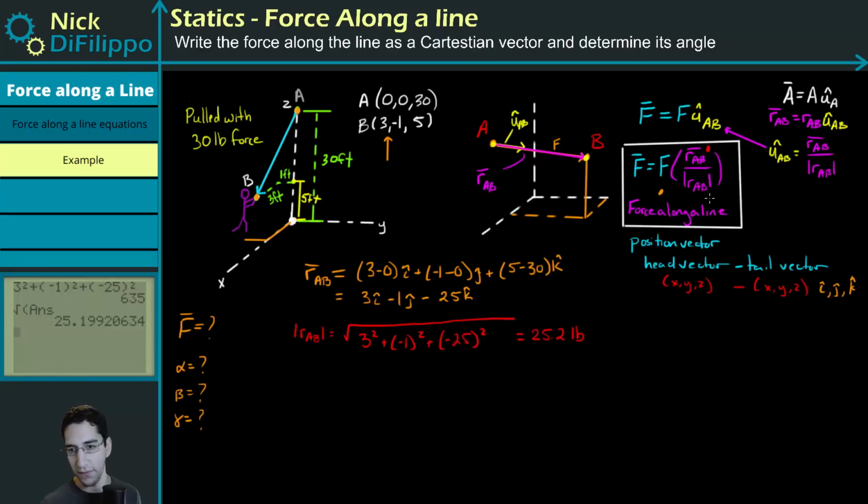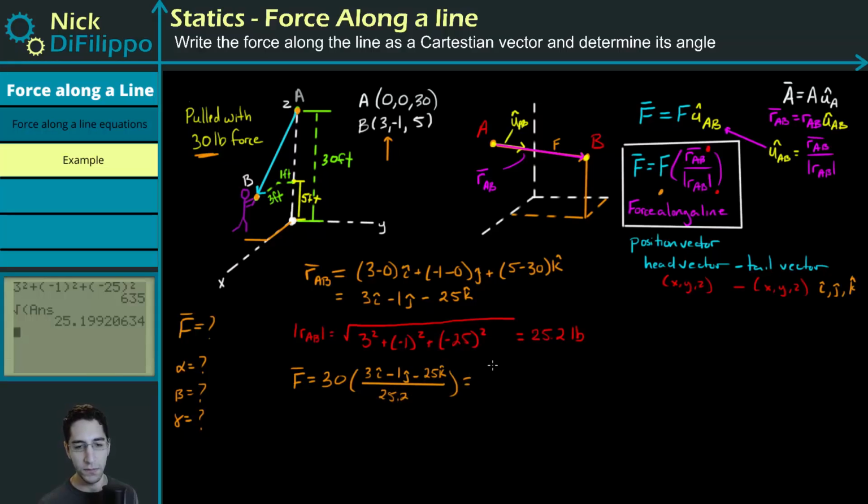So now I have this term. I have everything now. I can solve for my force vector. I have my force vector F is equal to this 30-pound force times, and I'm going to write it out completely, 3i minus 1j minus 25k divided by this 25.2.